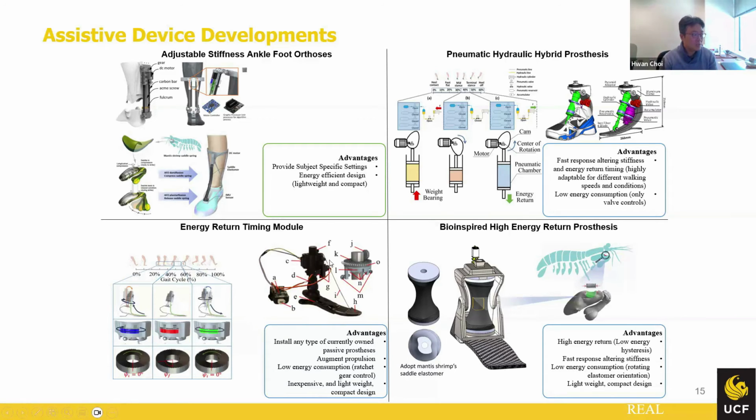So we decided to develop a very simple ratchet gear mechanism. When the prosthesis carbon fiber beam is maximally bent, we can store and capture that energy until it's needed.